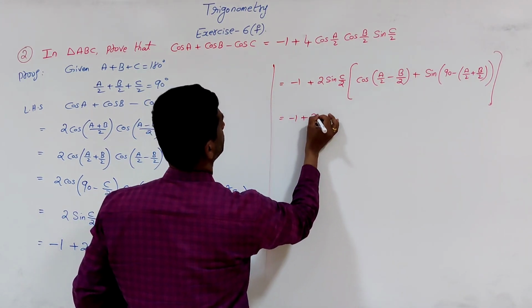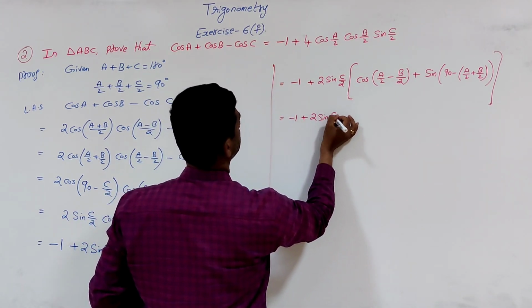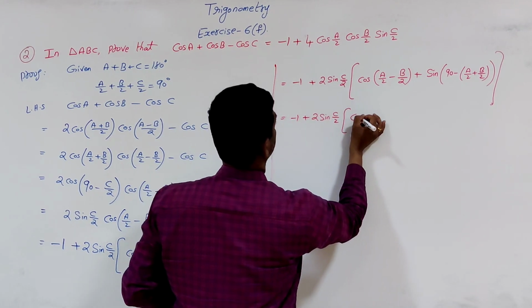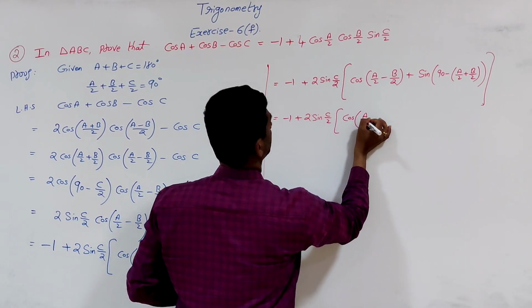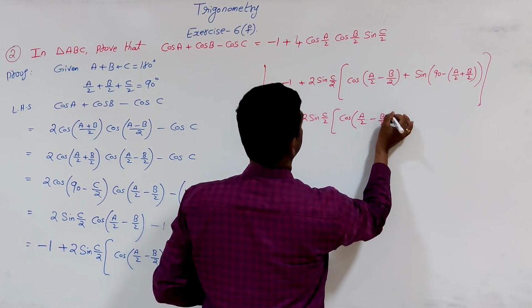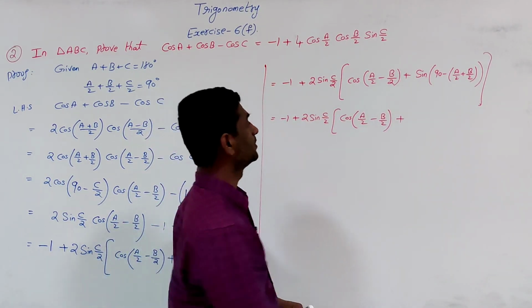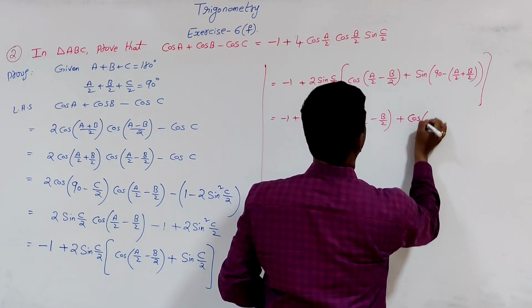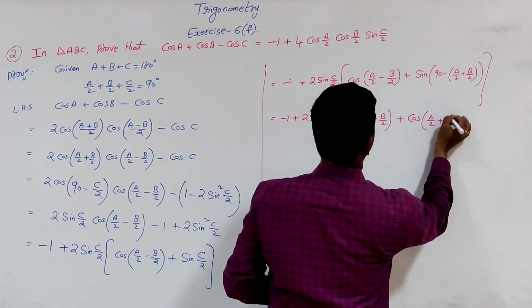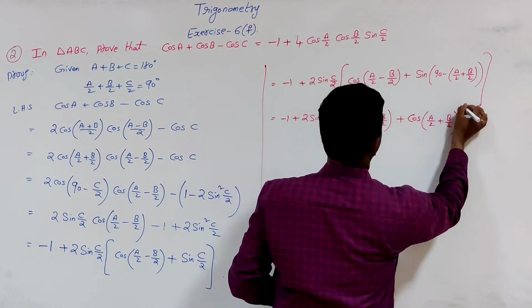Minus 1 plus 2 sin C by 2 cos of A by 2 minus B by 2 plus, sin of 90 minus theta will be cos theta, so it will be cos of A by 2 plus B by 2.